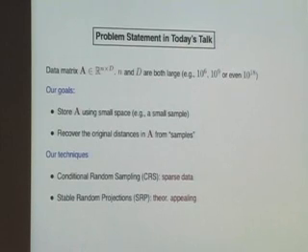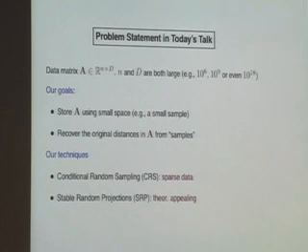My first goal is how to store the data using very small space, for example using a small sample. The second goal is how to recover some summary statistics, like the original distances in the data, from the samples. These two goals are correlated.